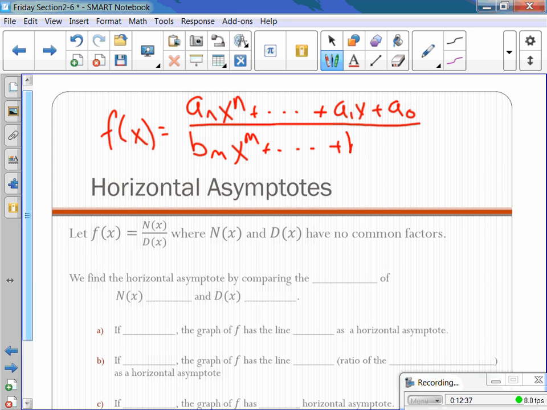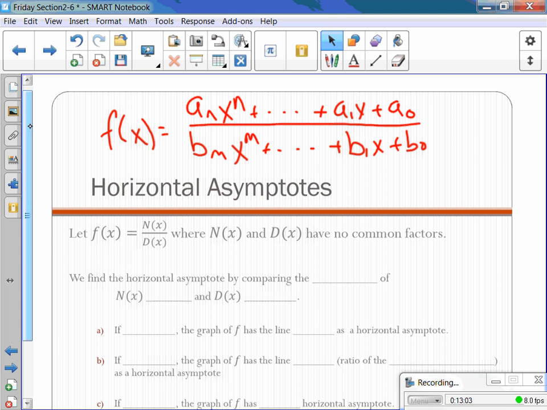my horizontal asymptotes, same thing. We have that n of x over d of x. Here I've expressed my n of x as a polynomial using coefficients of a and a degree of n, and the denominator expressed as a polynomial with coefficients of b that has a degree of m.